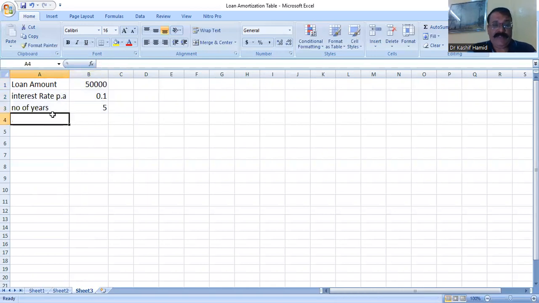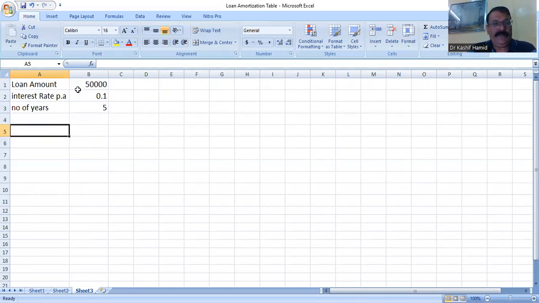Whenever we talk about the end of each year, it means we are talking about an ordinary annuity, as we have seen in the concept of present value of an ordinary annuity. If cash flows occur at the beginning of each year, then we will use the concept of present value of an annuity due.